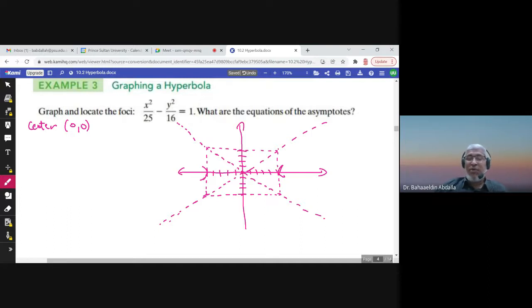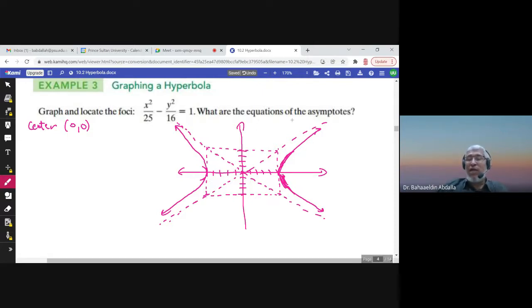That's it. Now draw the hyperbola. This is the vertex and it approaches the asymptote. You should always approach the asymptote. Don't go away from the asymptote. So this is the graph of this hyperbola, as simple as that.